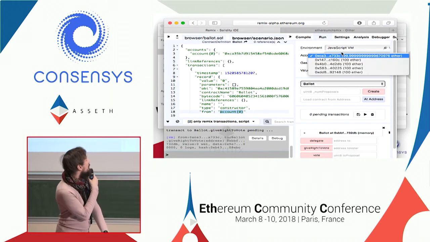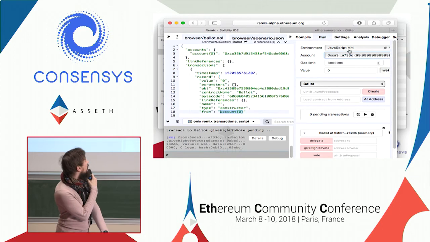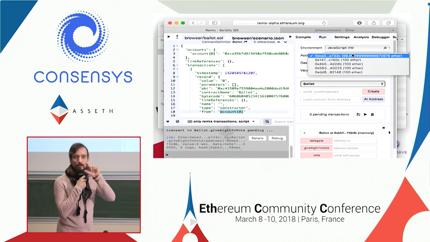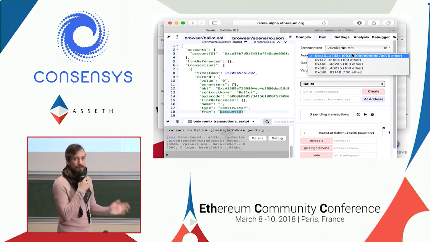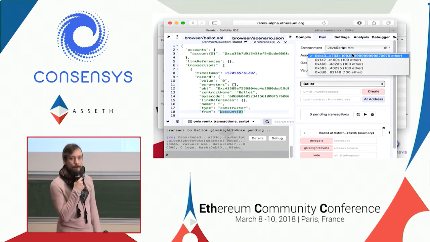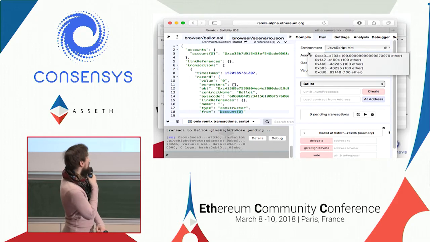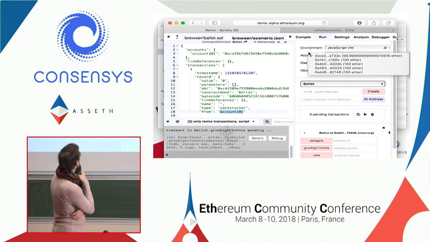So I think usually when you switch to another network, you get a different account. Like if you use MetaMask, then it will just use the address that MetaMask gives you. Sure, but what you would do then is you would generate a test account. You would have in MetaMask a test account, and you want to import the private key to the JavaScript VM as well. So just having a feature to import accounts definitely makes sense.